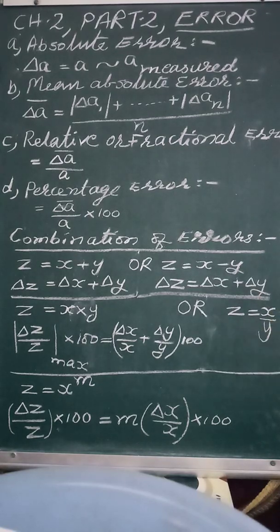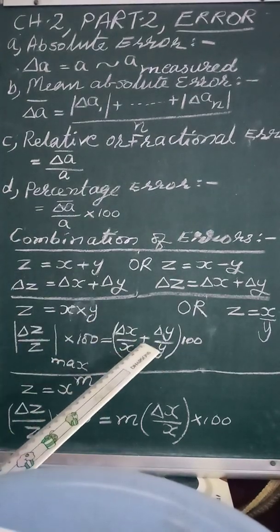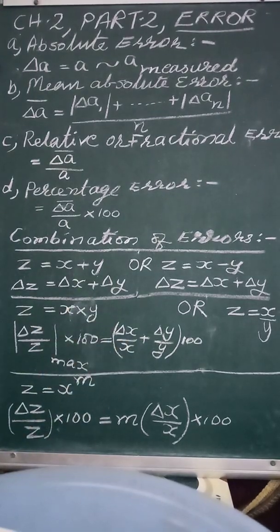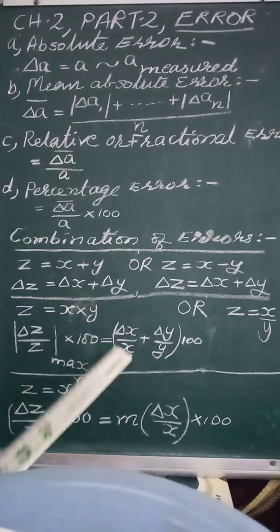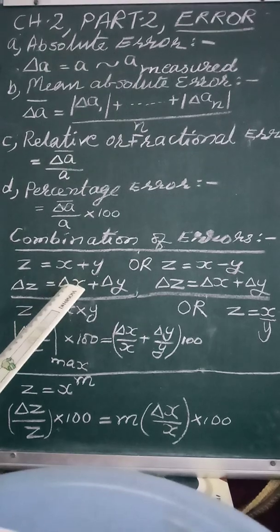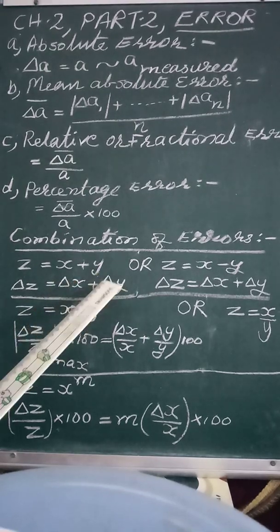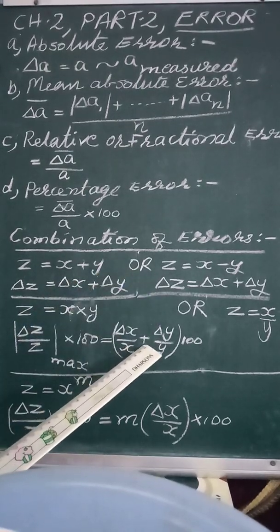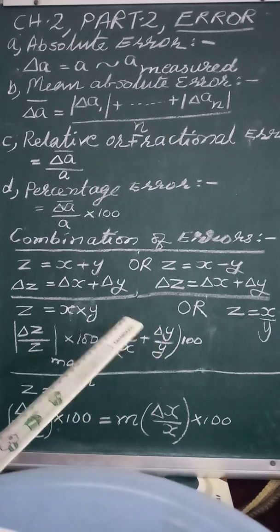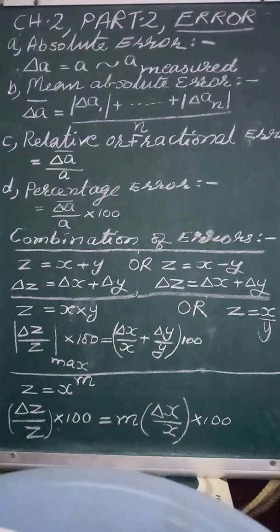In both the cases, again we are doing the addition, but we are considering the addition of the fractional error. Here we have taken the absolute errors addition, but here we are taking the addition of the fractional error. Remember that.